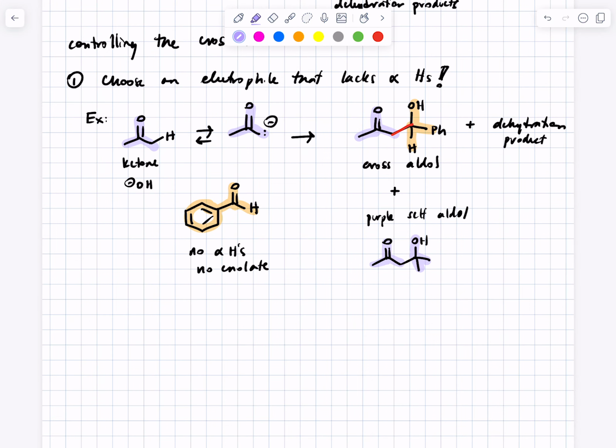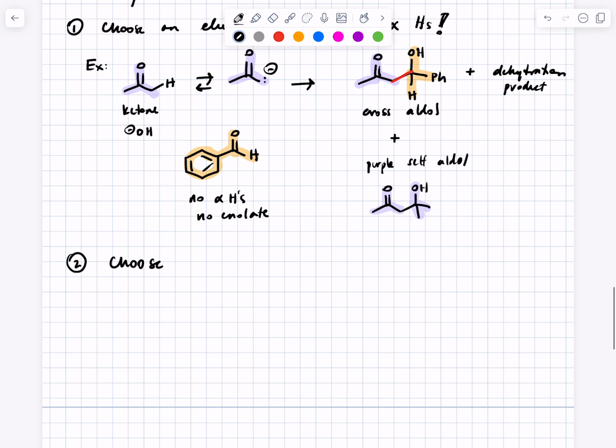So the second workaround for the crossed aldol reaction is to choose to make your enolate from a carbonyl compound with crazy acidic alpha protons, such that you can't even imagine making the other enolate.